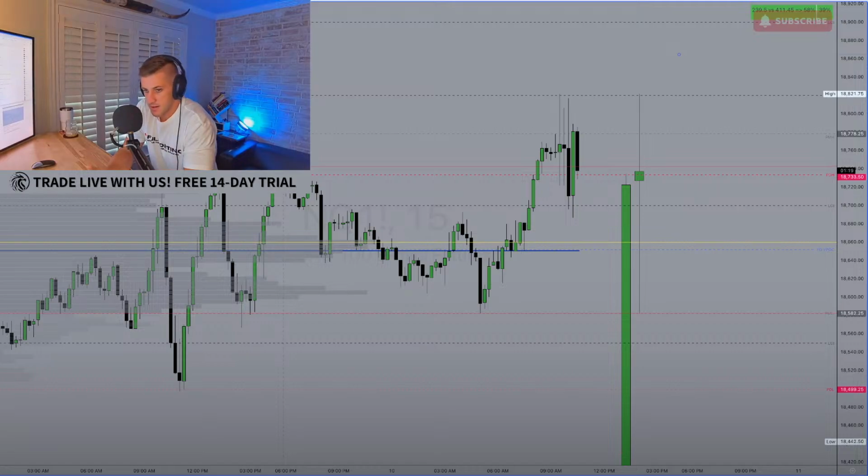Don't worry about the daily goals so much, especially if you're already green. Maybe come back for the afternoon session, see if things kind of woke up a bit, but this is that typical pre-big economic data print session right here, at least so far.